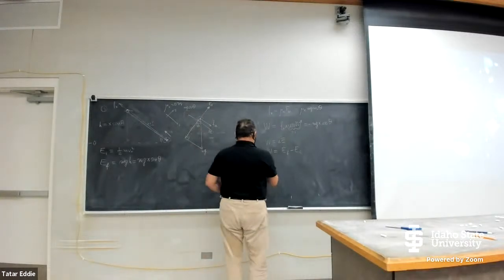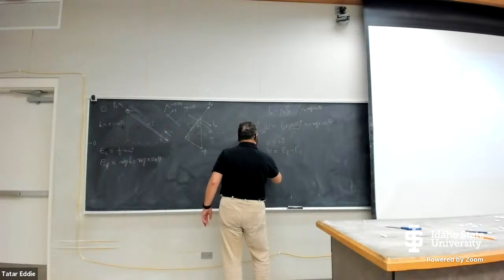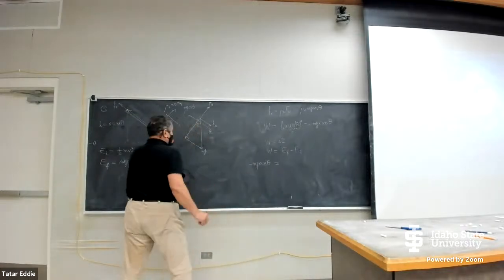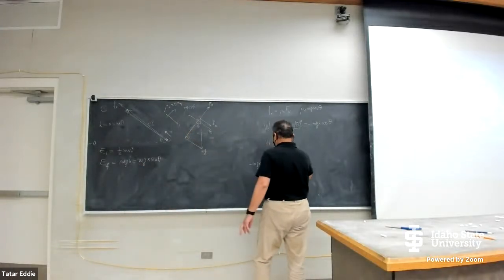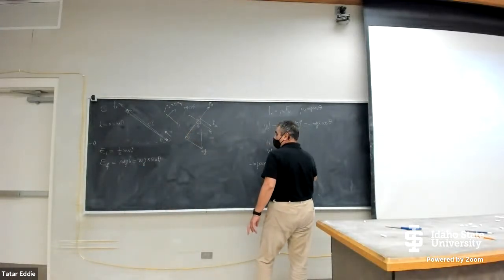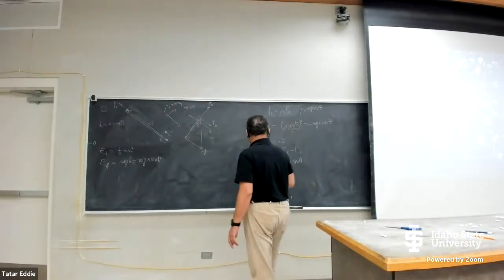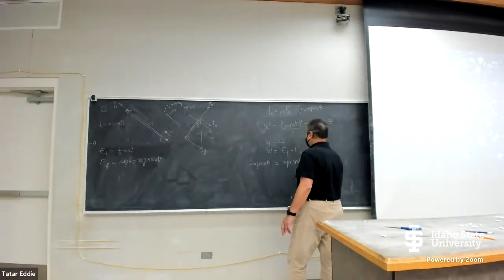Okay, the work is negative mu mgx cosine theta. The final energy is mgx sine of theta. And the initial energy is 1/2 mv naught squared.